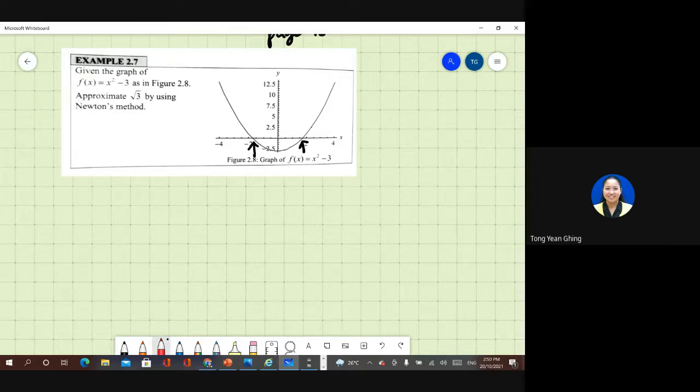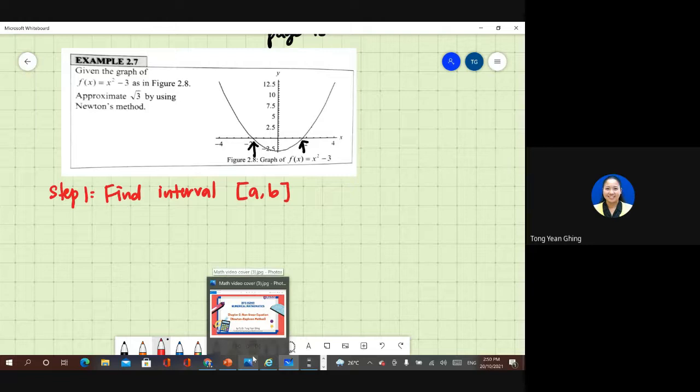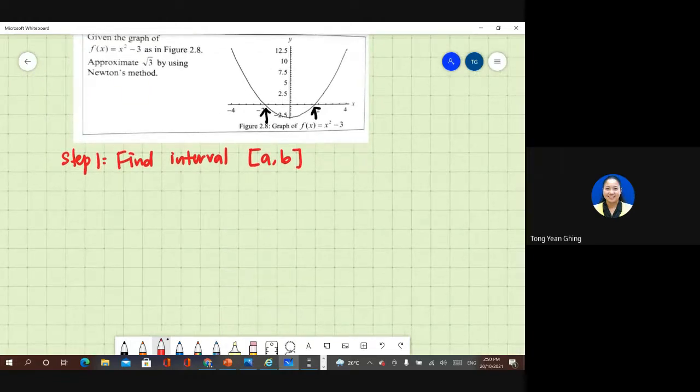Step 1, go back to before this, you learned about step 1, we have to find the interval A and B. Okay, so now kalau ikutnya from the equation just now, this one.